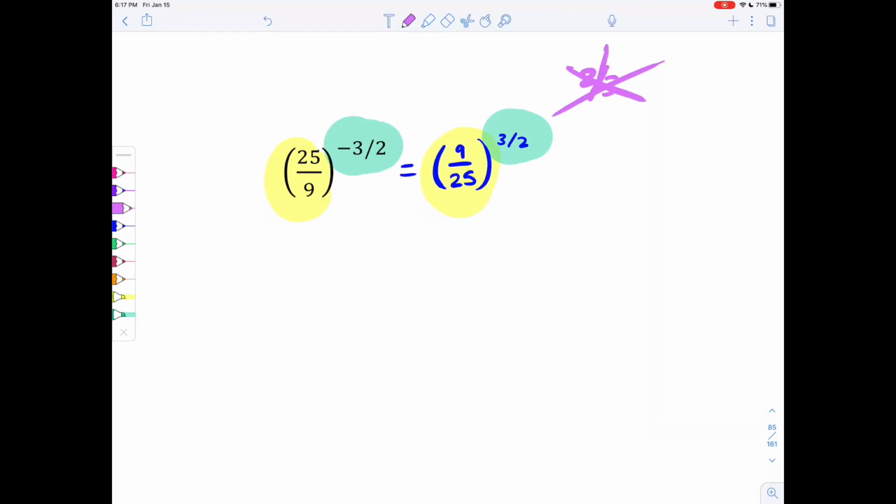I am not taking the reciprocal of that. We're emphasizing that because that is an error that we frequently see. Oh, it is so common, but so very wrong. We're only taking the reciprocal of our base. The exponent only goes from negative to positive. We are not flipping it as well.